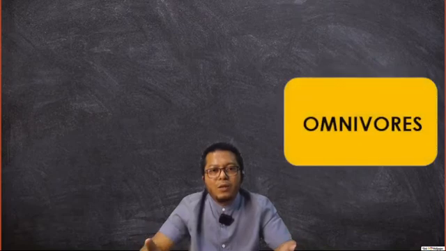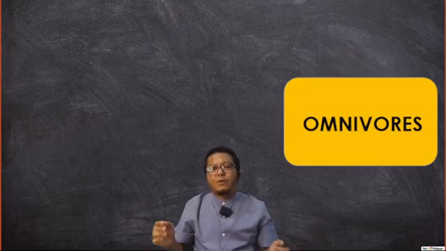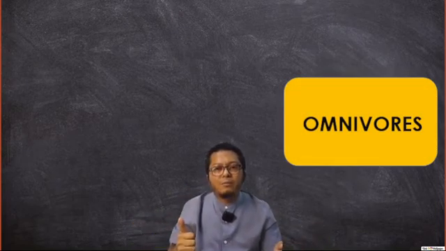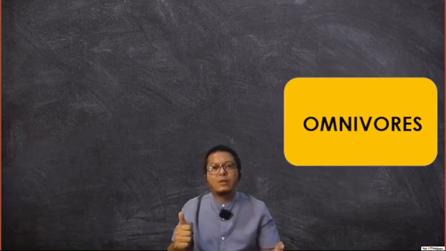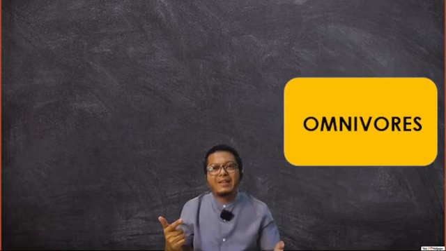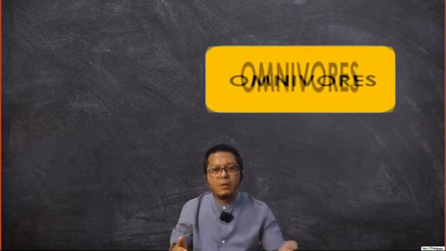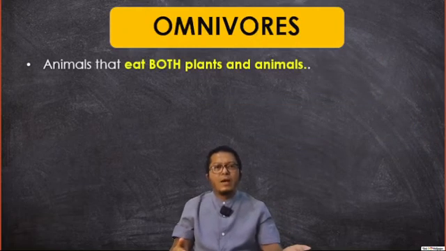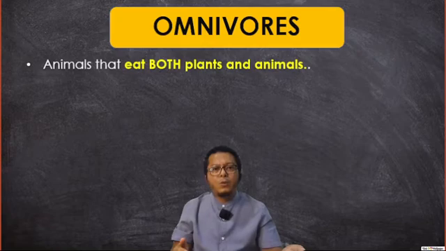Okay, next we shall move on to omnivores. Now we have learned about herbivores, animals that eat plants only, and then we learned about carnivores, animals that eat animals only, and then we move on to omnivores, which means animals that eat both plants and animals. Both means dua-dua, both.